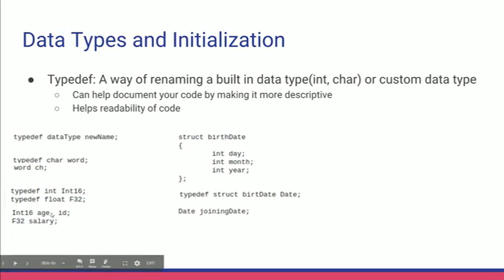For example, you can type define an int to int16 if you need a 16-bit integer, or you can type define a float to float32 if you need a 32-bit float number. And you can also rename custom data types such as a struct.